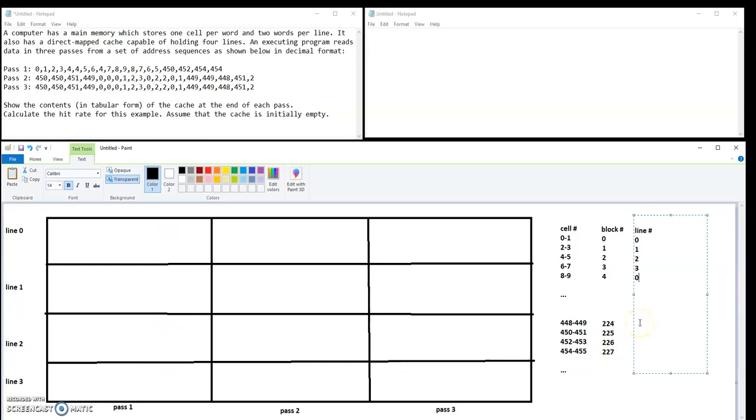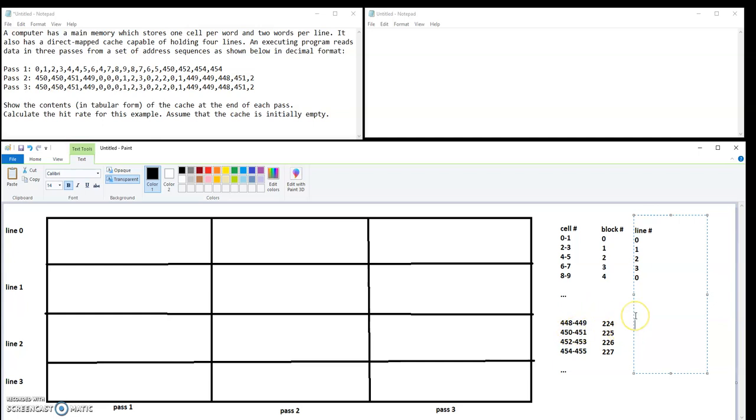So next question is, if I ask where does cell 449 go, first question is what block is that in? That goes in 224 with 448. They always start with the even and the odd. So anytime you pull in 449 to the cache, 448 comes, and vice versa. 449 never goes with 450.